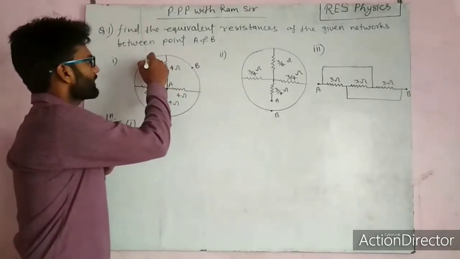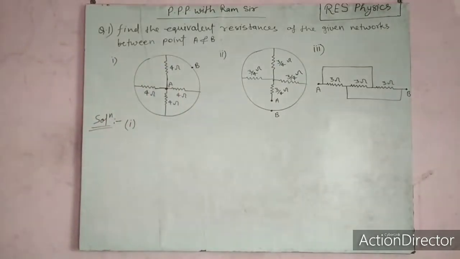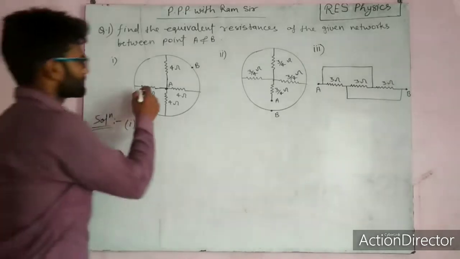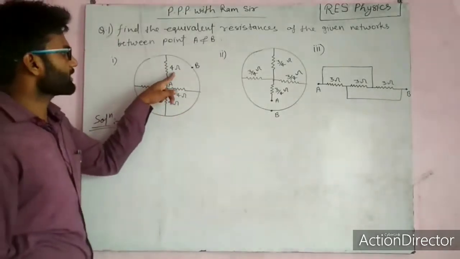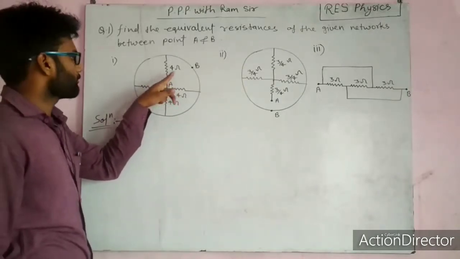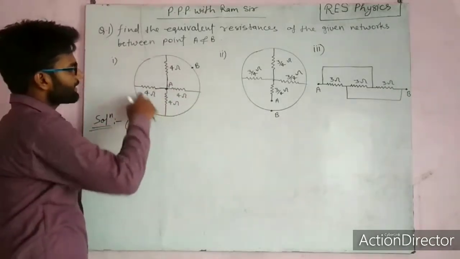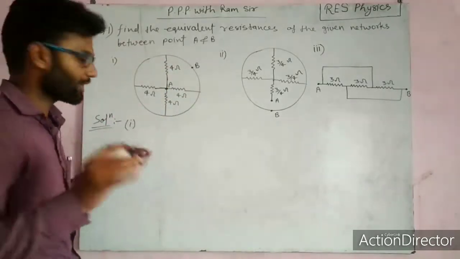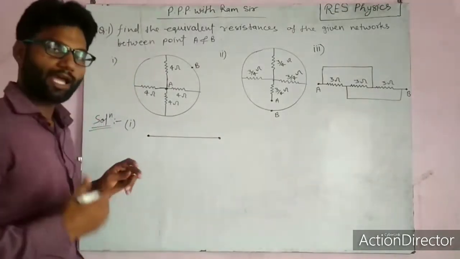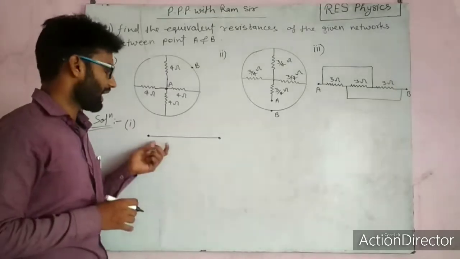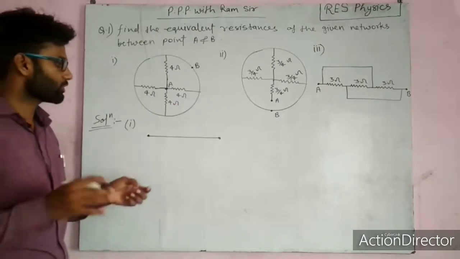If there is no zigzag, these are 4 resistances having equal resistance value, 4 ohm, 4 ohm, 4 ohm and 4 ohm, and these are just connecting wires, and we are very well aware that connecting wires will have zero resistance, right? Ideally it is considered that connecting wires will have zero resistance.